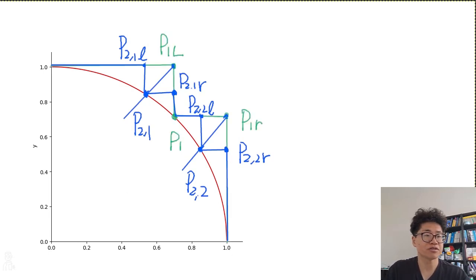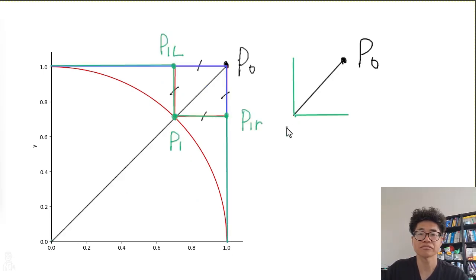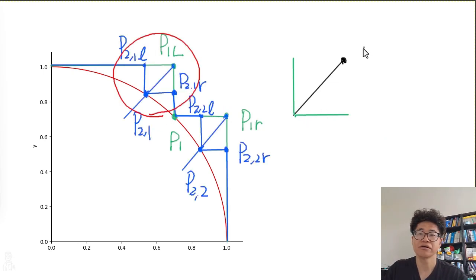Let's go back to the first approximation. At the first approximation, we start with P0 and intersection point P1 and then make L and R. The second approximation, basically the same happening.